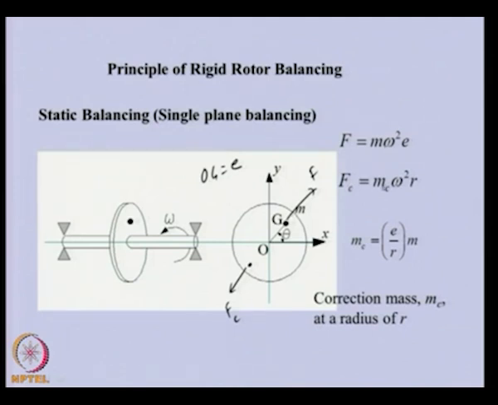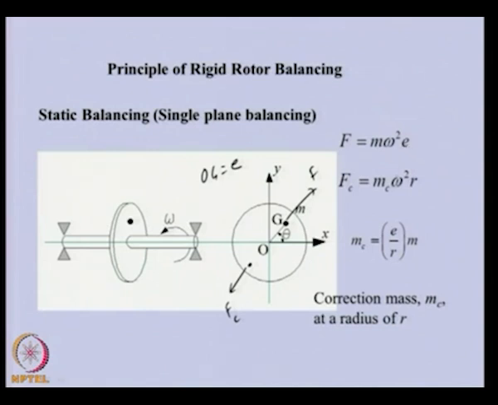So, this mc is basically the correction mass, and we keep it at a relatively larger radius. The correction mass will be smaller as compared to the rotor mass, which is why we need to keep it at a larger radius. The rotor mass will be relatively higher, but the eccentricity will be relatively smaller.